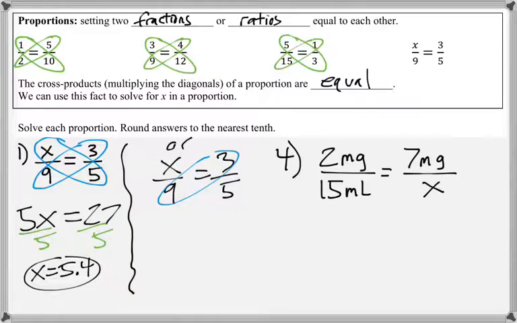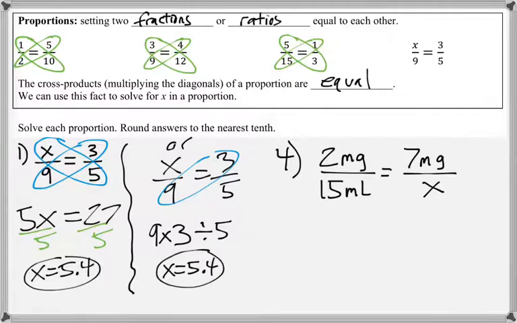So multiply those numbers in the diagonal that does not have the x, and then just divide by whatever number is left. So 9 times 3 divided by 5, and we also get 5.4. So either way is okay.